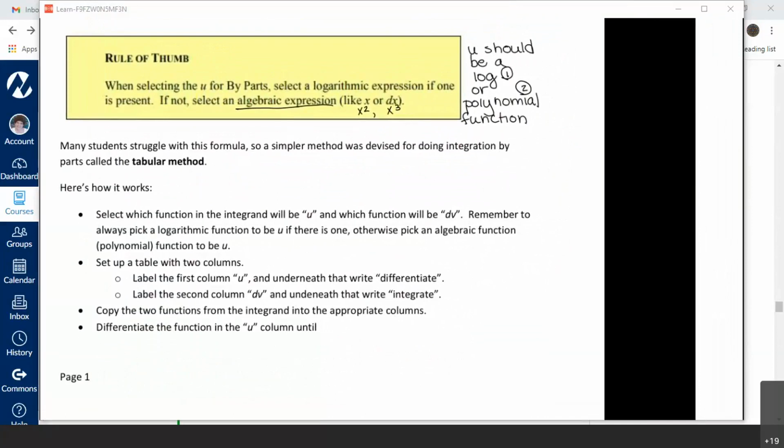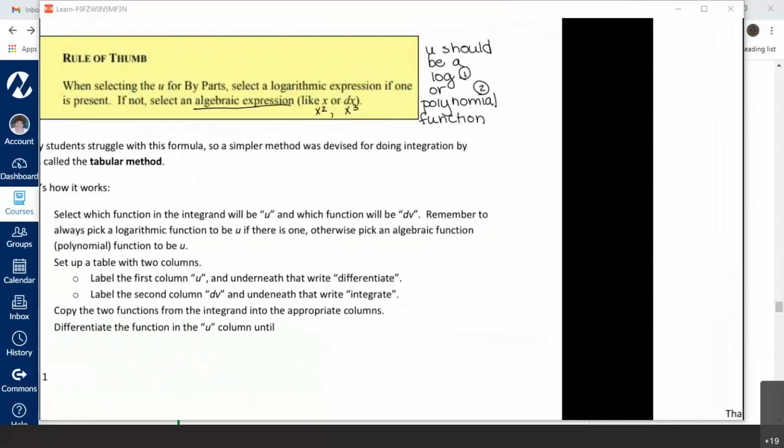We're going to set up a table with two columns like this, and we're going to say u over here, and differentiate. Then we're going to say dv over here, and integrate. So that's how we're going to start out our table.